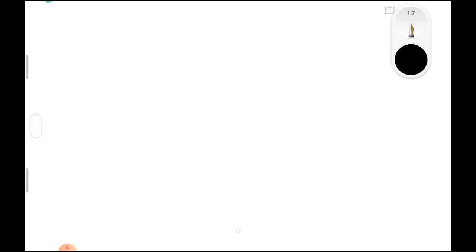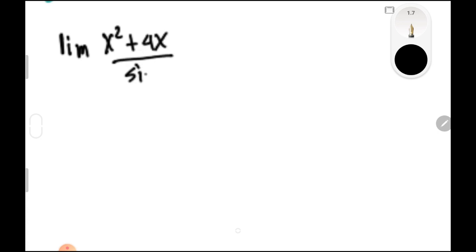Next example, guys. Let's have the limit of x squared plus 4x divided by sine 2x as x approaches 0. As I have said, there are so many ways to kill a chicken. What would be our first way?